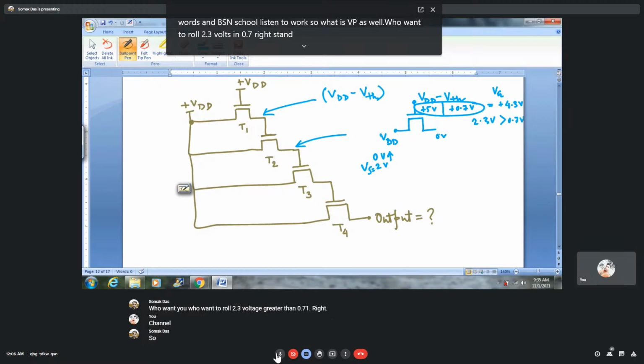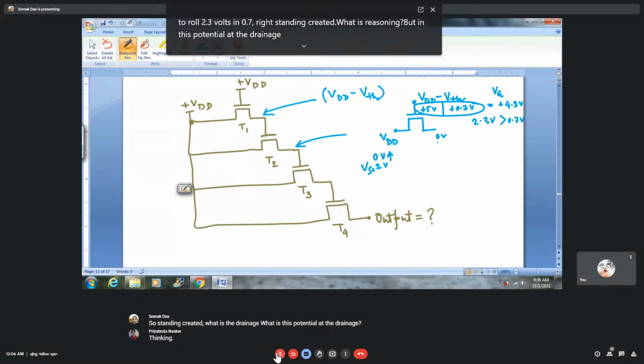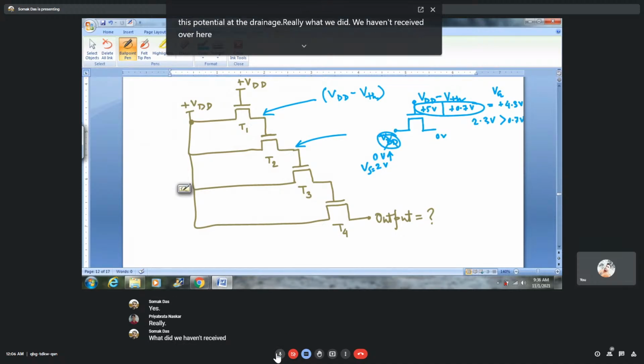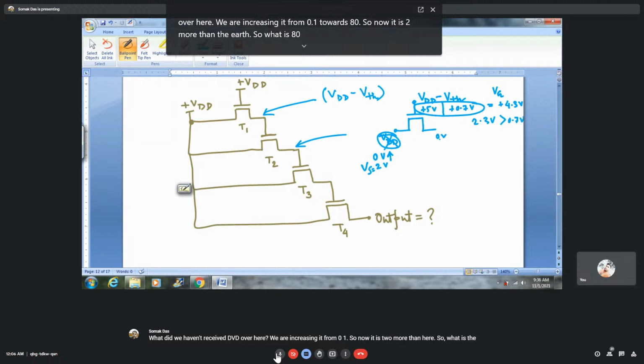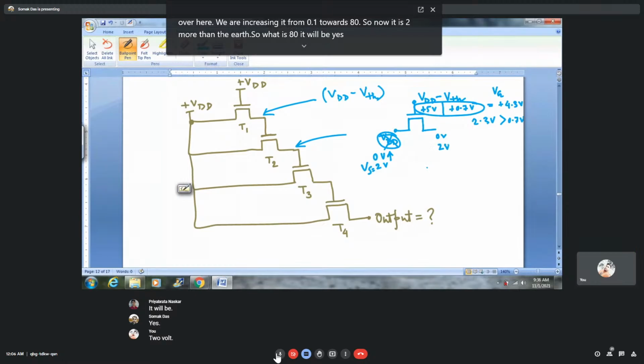So channel is created. So what is this potential at the drain end? VDD? What VDD? We haven't received VDD over here. We are increasing it from 0 volt towards VDD. So now it is 2 volt at VS. So what is VD? 2 volt.